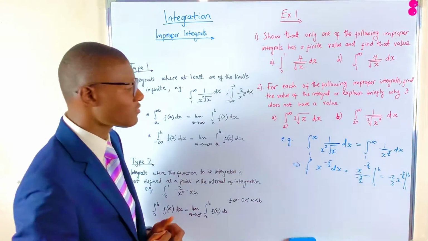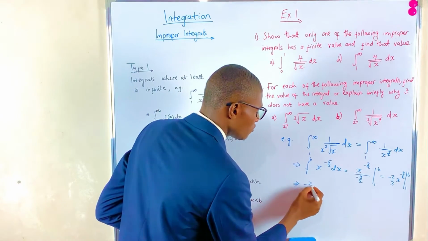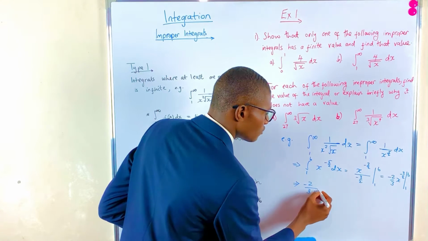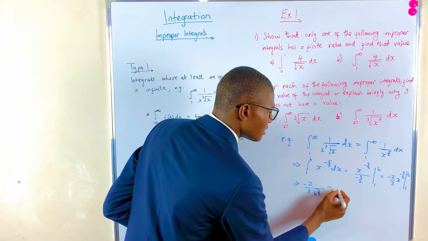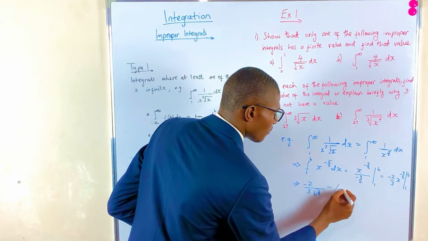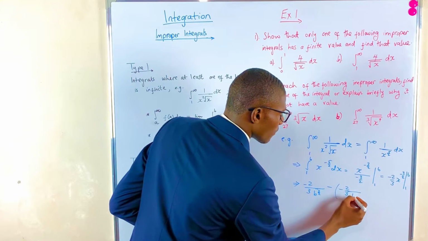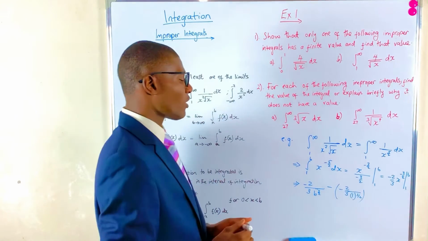Now let's substitute for the limits. We have minus 2 over 3 b to the power of minus 3 over 2, minus the lower limit, minus 2 over 3 times 1 to the power of minus 3 over 2. But what do we know about b?